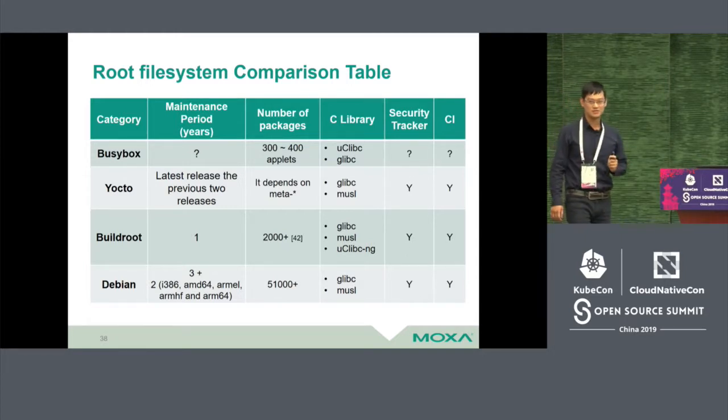The number of packages is more than 2,000. It supports glibc, musl, and uClibc-ng. And the next one is Debian. The maintenance period of Debian is 5 years for specific architectures. It supports more than 50,000 packages in Debian. It also supports glibc and musl.